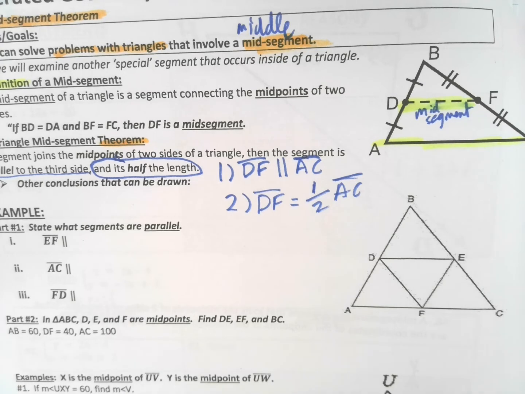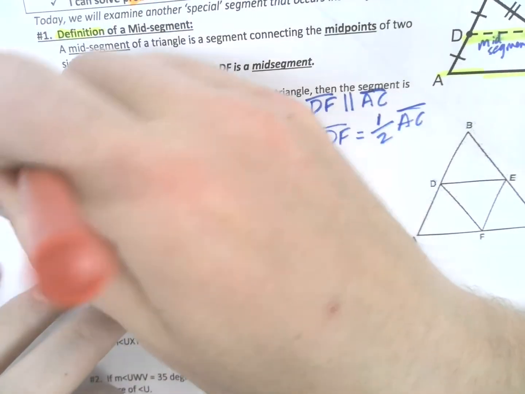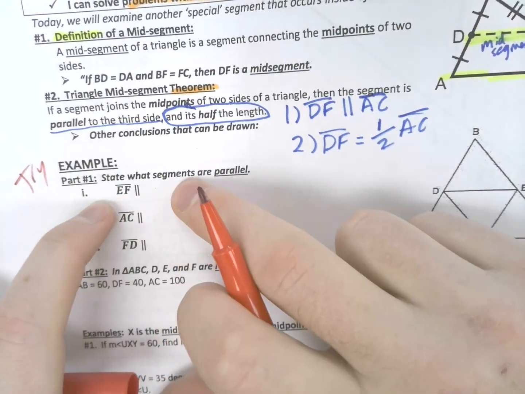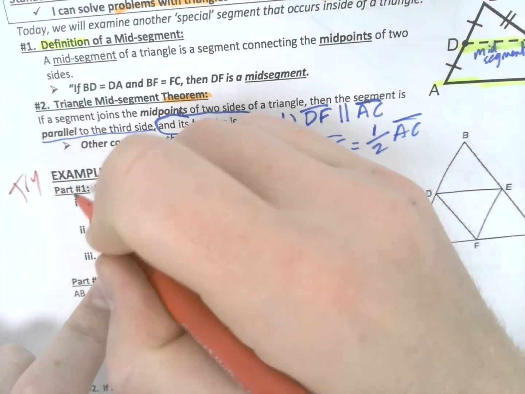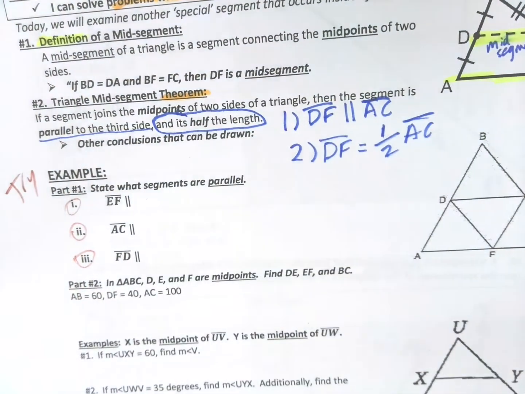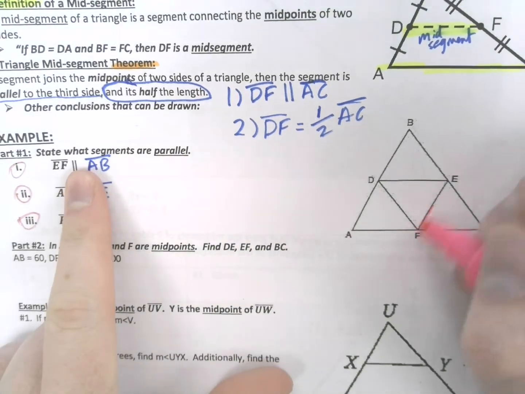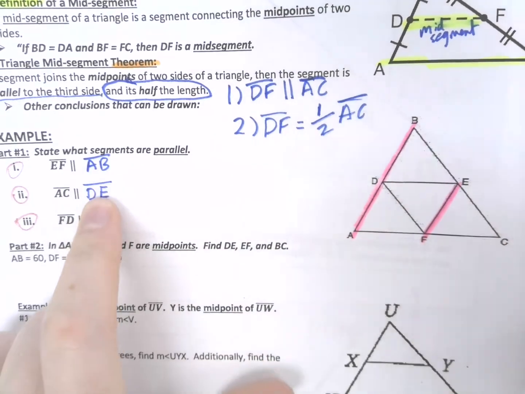And so here's what I'm going to let you guys do. Let's test out your spatial recognition. Try and see if you can tell me which line segment is parallel to these three right here. Go ahead and give this your best shot, guys. Let's see how you guys did. So EF is going to be parallel to AB.